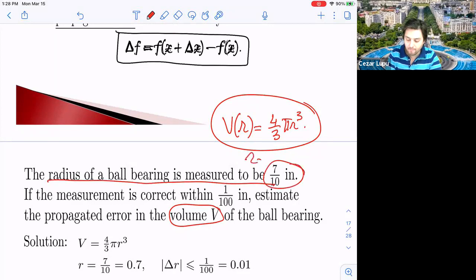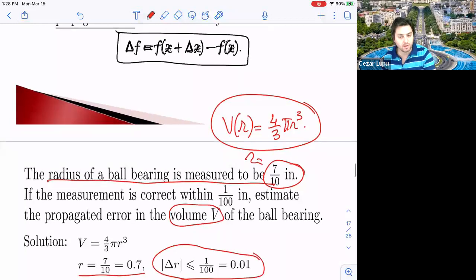This is R, and as you can see here, it's 0.7. And if the measurement is correct, you see the error, right? So delta R will be less than this, not quite equal. So we will have that delta R in absolute value will be less than 0.001.